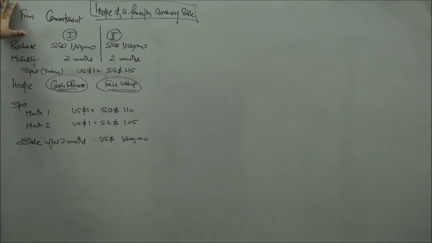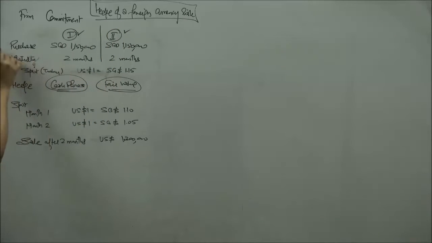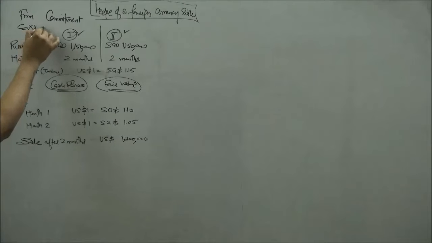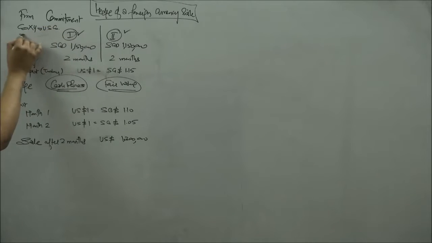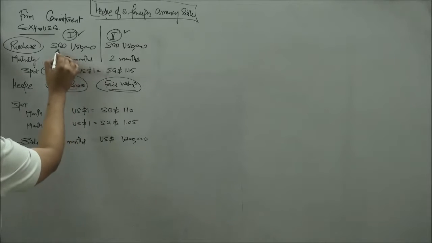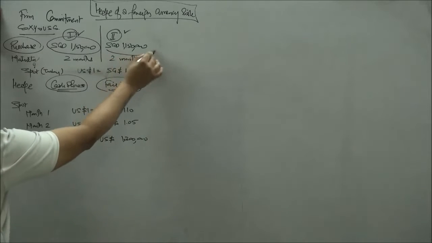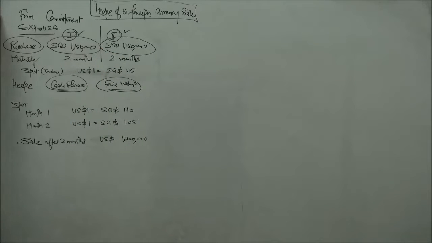We are given that there are two firm commitments, commitment 1 and commitment 2. Let's say there's a company called company XY, which is a US company. It wishes to purchase some goods or inventory worth SG dollars 1.15 million. Likewise, from another supplier, another goods of SG dollars 1.15 million.